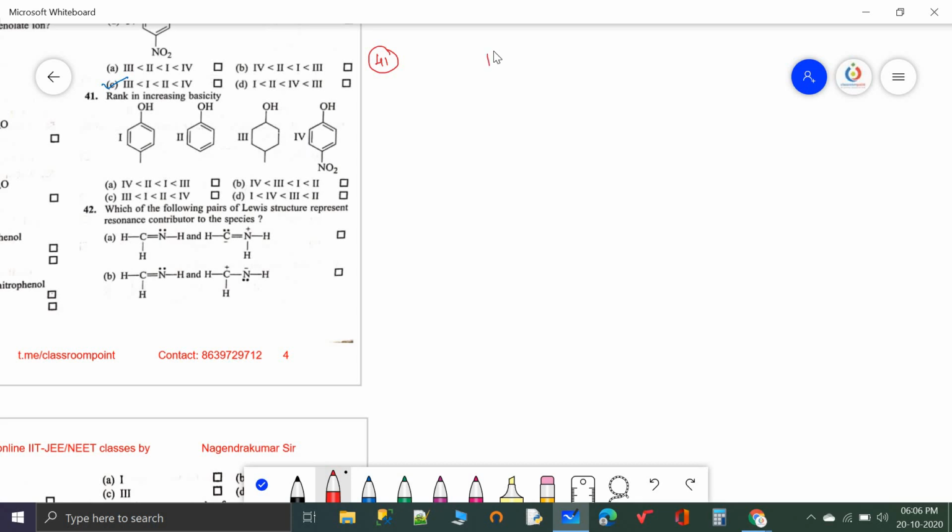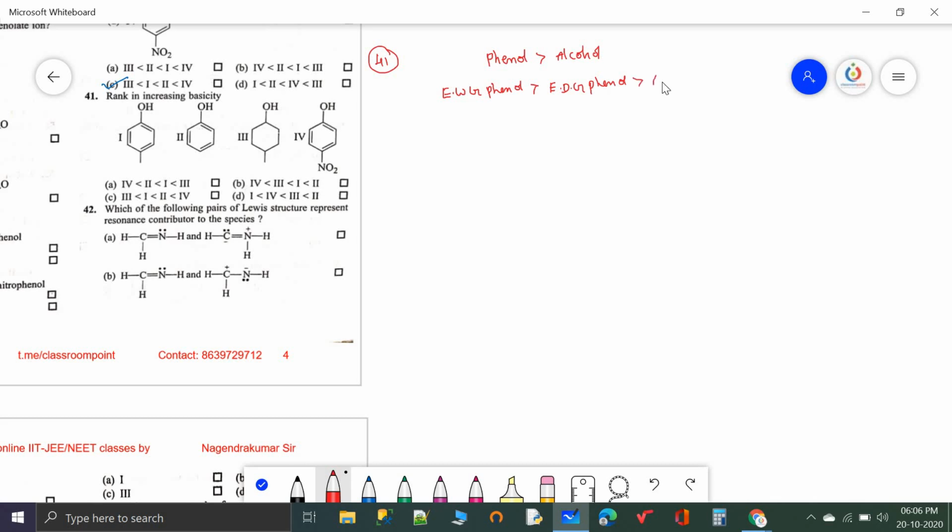We know that phenols are stronger acids than normal alcohols. And within the phenols, electron withdrawing group containing phenols are stronger acids than electron donating group containing phenols.